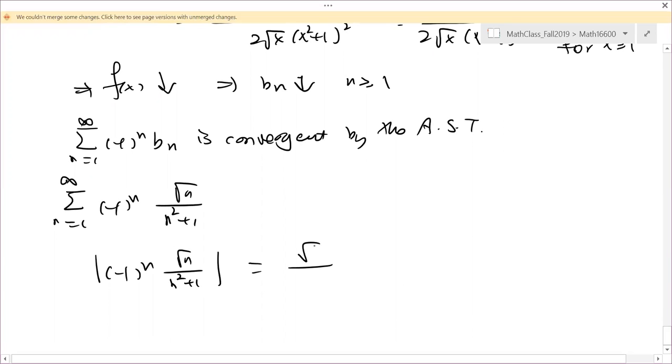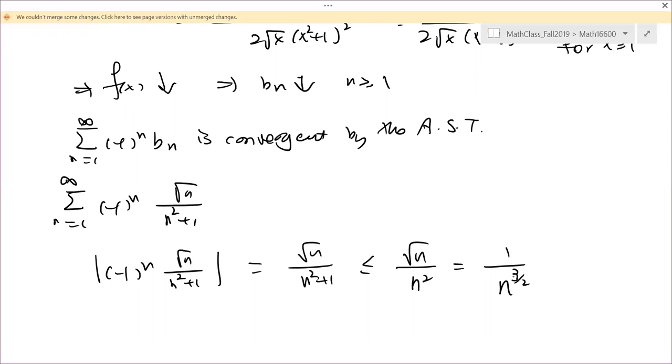Right, you take a look at the absolute value of this. Then this, right? And then because the numerator is smaller and the denominator is n squared, that's n to the 3/2. And the p series, you simplify, you can get an upper bound, which is a p series.